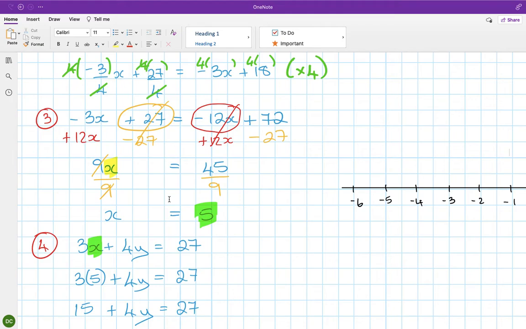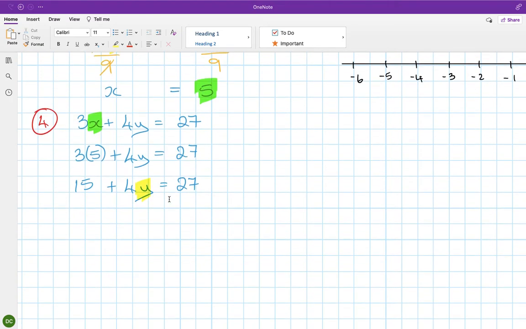Trying to isolate the y, so we minus the 15, minus the 15. So 4y equals 12. Oh my god, this is working out perfectly.